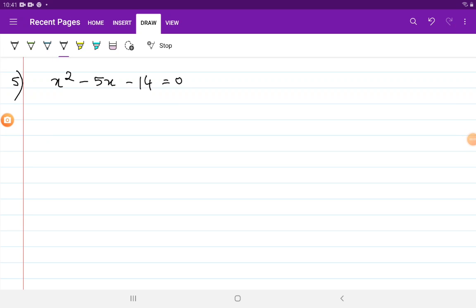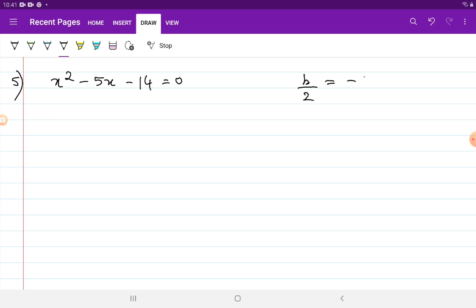A look at the fifth question, x square minus 5x minus 14. Let's try and solve this again using completing the square. So to complete the square, you need to locate b, which is the coefficient of x, and b by 2. b here is minus 5.